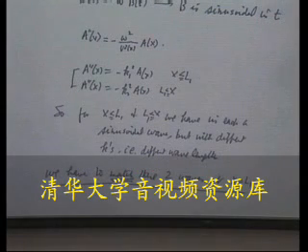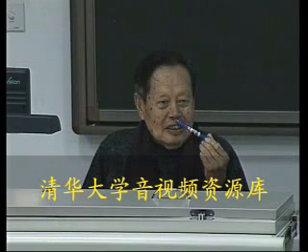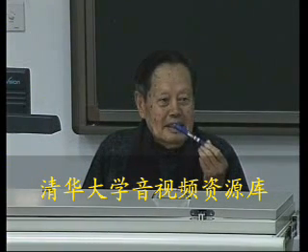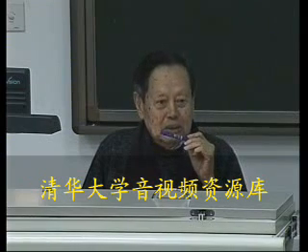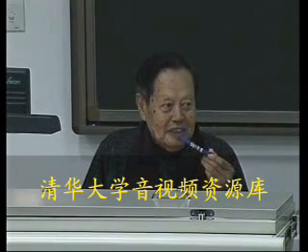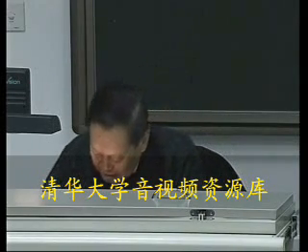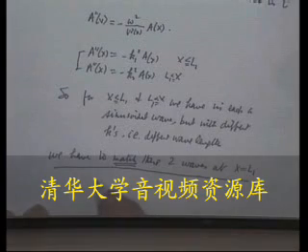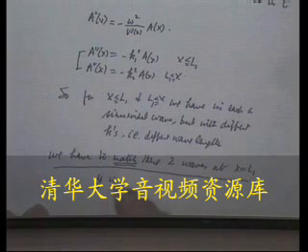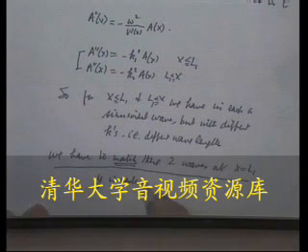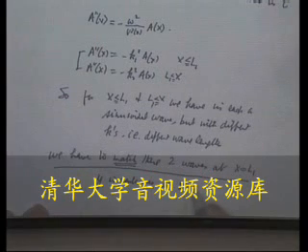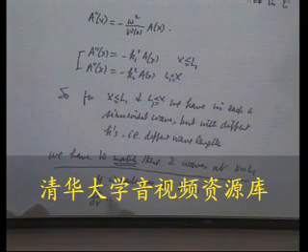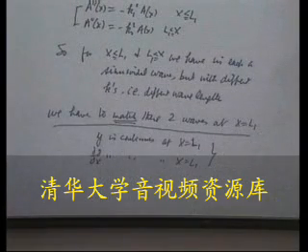That means the y of the first region at L1 equals the y of the second region, and likewise the derivative of y. In other words, y is continuous at x equal to L1, and dy dx is continuous at x equal to L1. This is the matching.